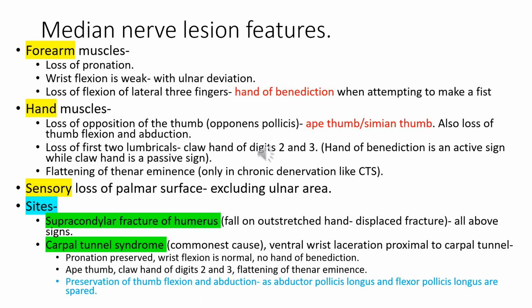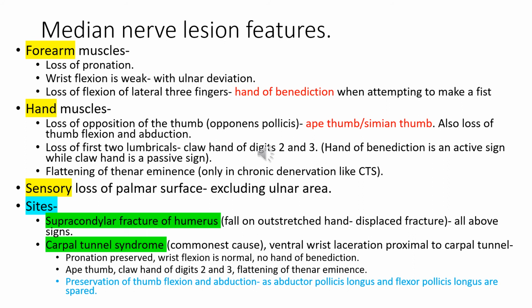So now because the lateral two lumbricals are gone, the second and third digits will have MCP extension and interphalangeal joint flexion, producing claw hand. Note that claw hand is a passive sign seen in a long-standing lesion, unlike the hand of benediction, which is an active sign.